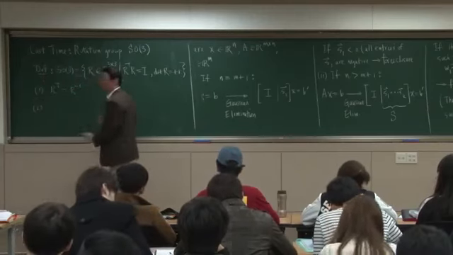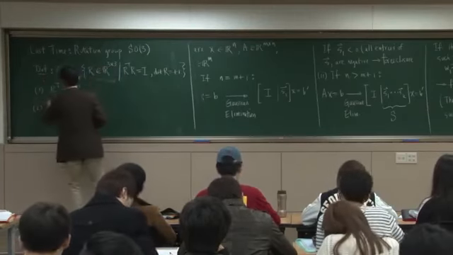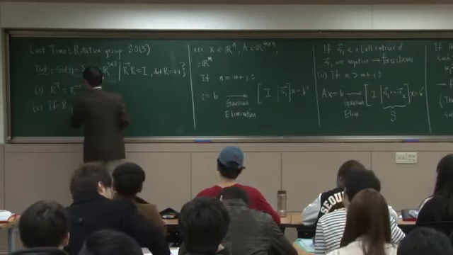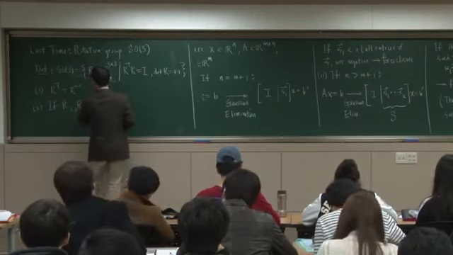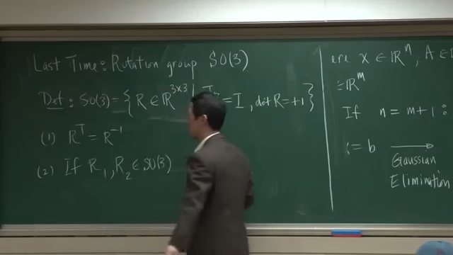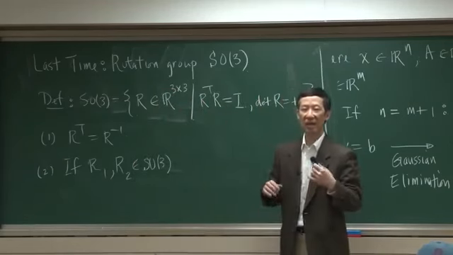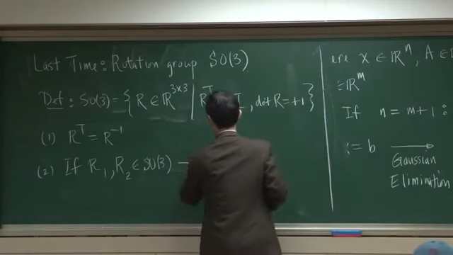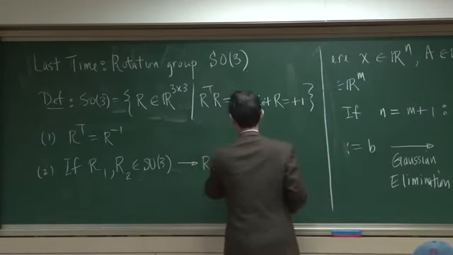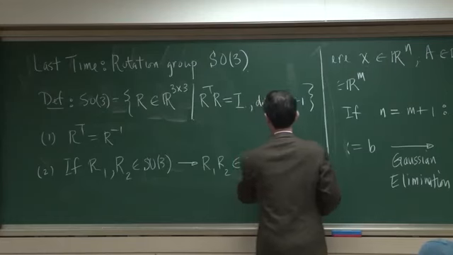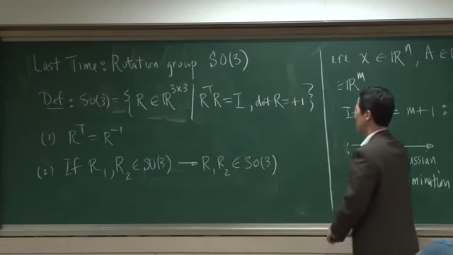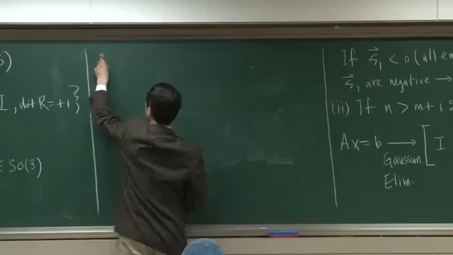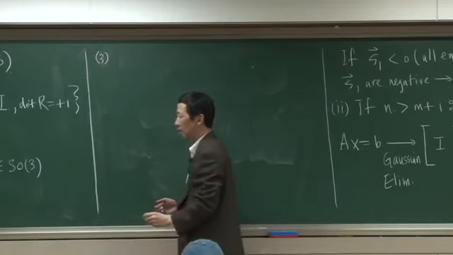The second property: if we take two rotation matrices R1 and R2, that is, they both belong to SO3, then their product is also SO3. So R1 times R2 is also SO3. Third property.